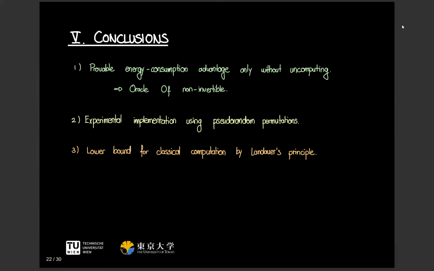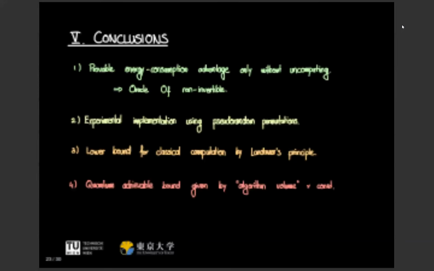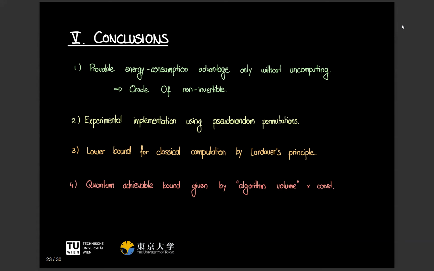So we can lower bound the classical energy consumption using Landauer's principle, which leads for Simon's problem to an exponential blow-up of the lower bound of energy consumption. And for the quantum computer, including error correction overheads and finite achievable Landauer erasure, we find that the achievable cost is given by a polynomial function of the algorithm's volume, volume meaning width times depth of the algorithm, times some constant, and those added up to separate the two costs.